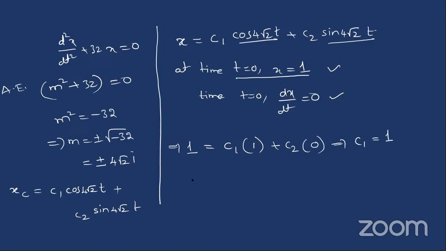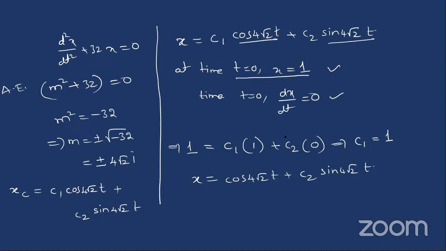Then what happens to x? Now x is equal to cos 4 root 2 t plus C2 into sine 4 root 2 t here.